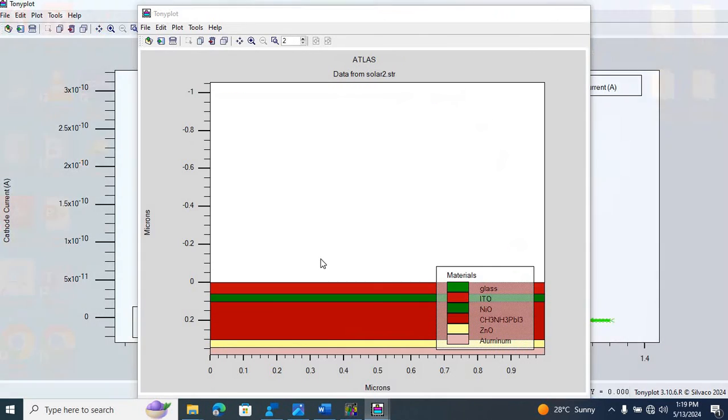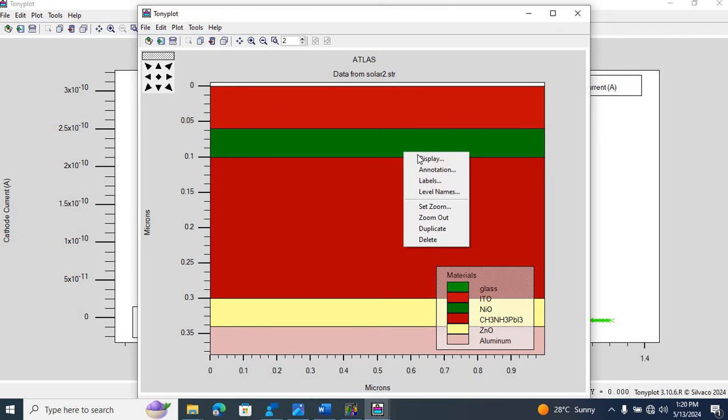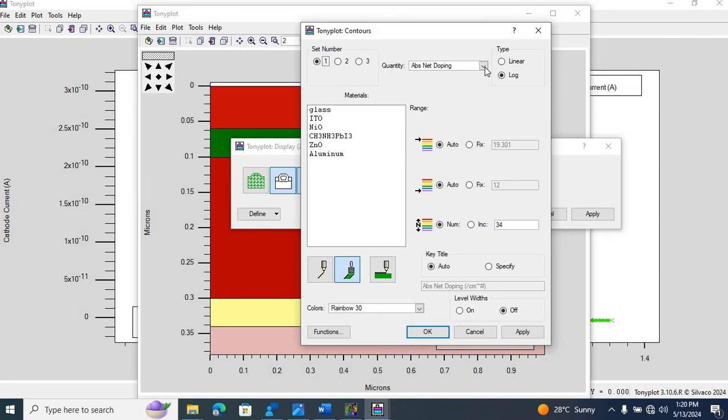Similarly, we can look at the structure under light conditions as well. So for this structure, if I right click on the structure, then click on contours, go to define contours, and I want to see the photon absorption rate for the structure.